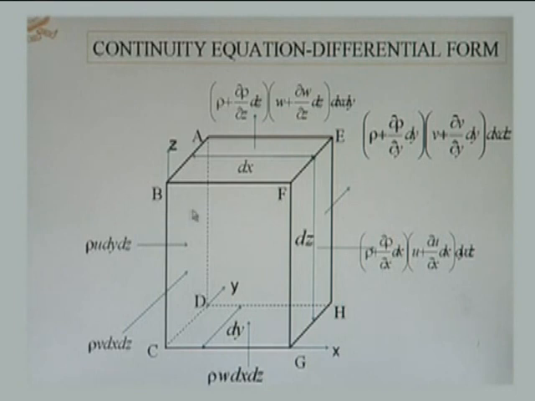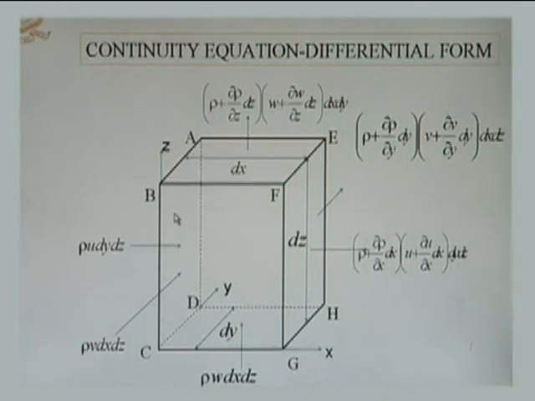Now, we can write the continuity equation in differential form. Differential form means we will write the equation in terms of the velocity gradient and density. If we have a compressible or incompressible fluid, then pressure and density depend on each other, but here we will not bring in the term pressure; we will use the term density.